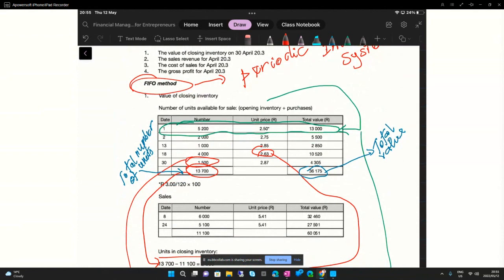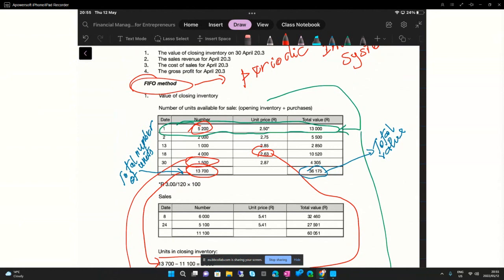You can see there is the date, but now we're looking at the number, the unit price, and the total value. Remember that 5,000 again, we still have it because it's the same example, and that's good. What is good about this book is that you can see the differences between the different methods and systems and what is happening.